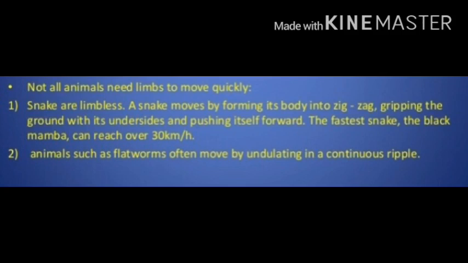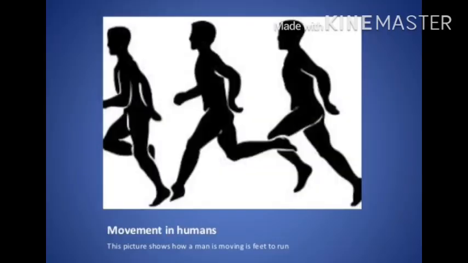The fastest snake, the black mamba, can reach over 30 km per hour. Animals such as flatworms often move by undulating in a continuous ripple. Now see in this picture, there is movement and locomotion in the human body.